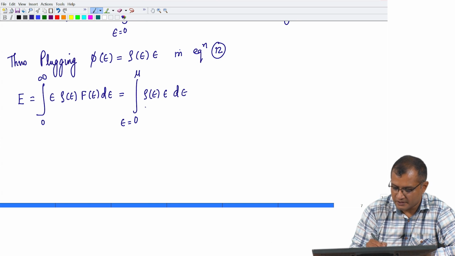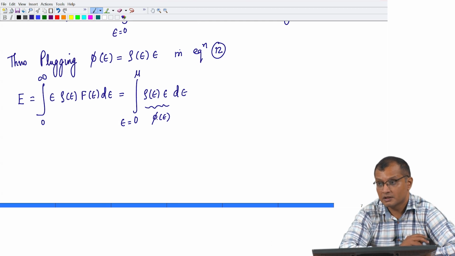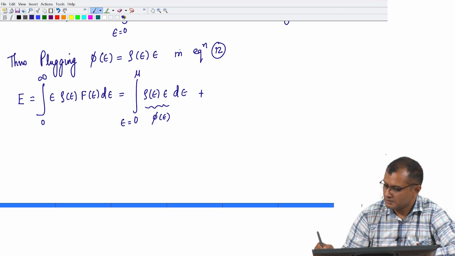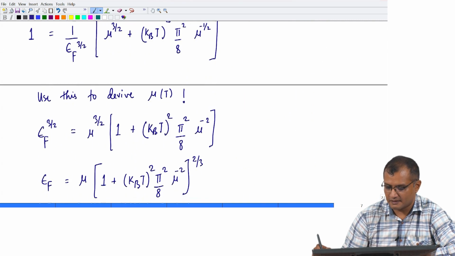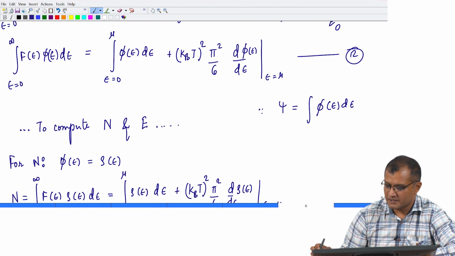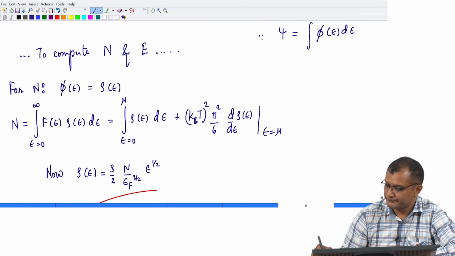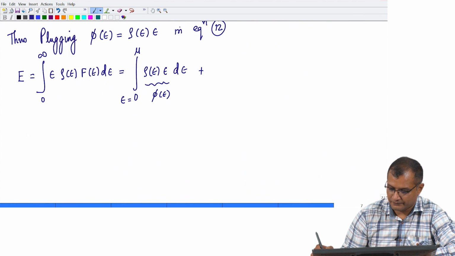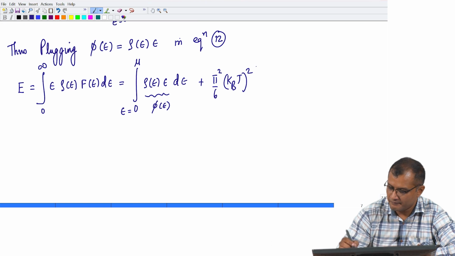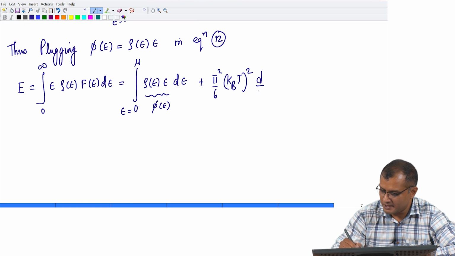So, this was our function phi of E, okay, plus pi square by 6 if I am not wrong, yeah, pi square by 6 into kT square into d phi by dE.